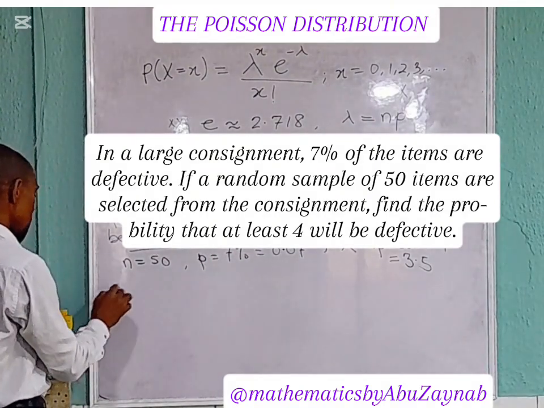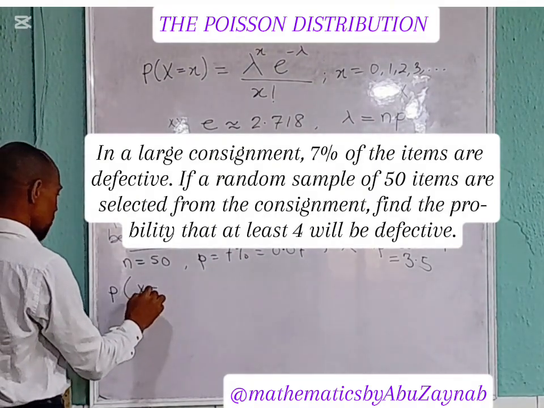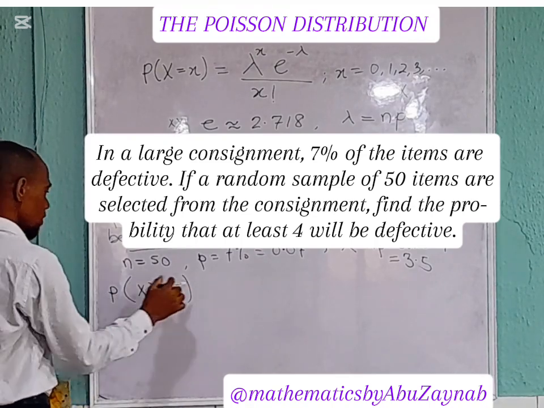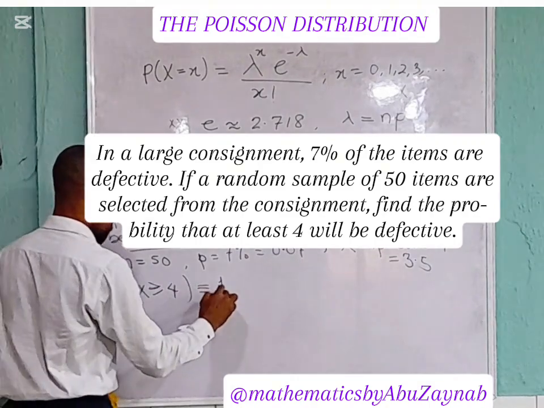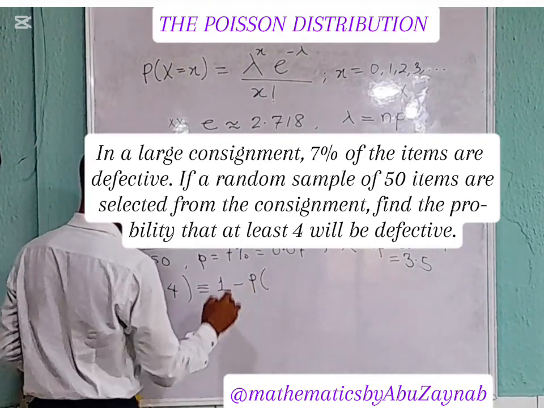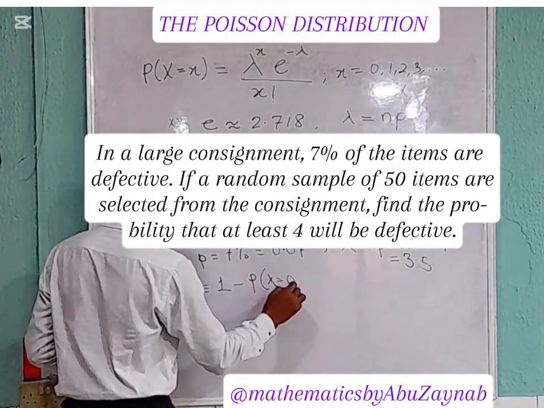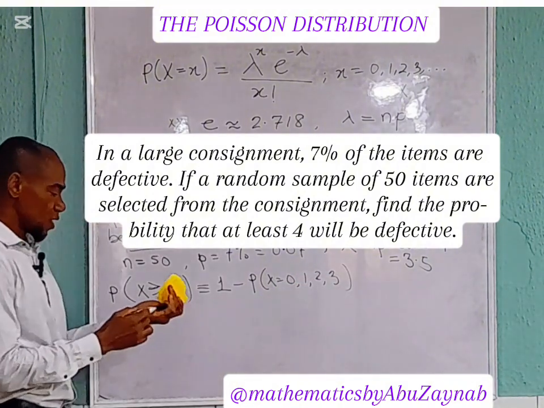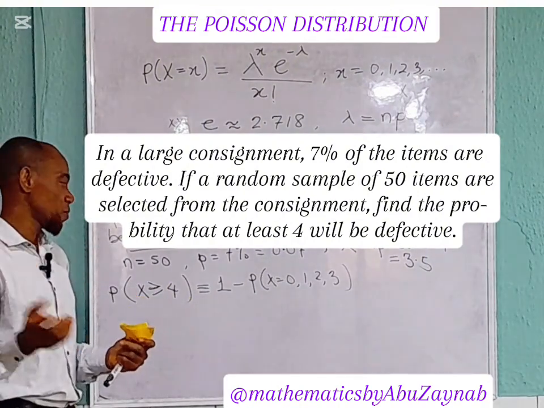Rather, probability of x greater than or equal to 4, that's at least 4, simply translates to 1 minus the probability of x equals 0, 1, 2, and 3, using again the concept of the probability of the sample space being 1.